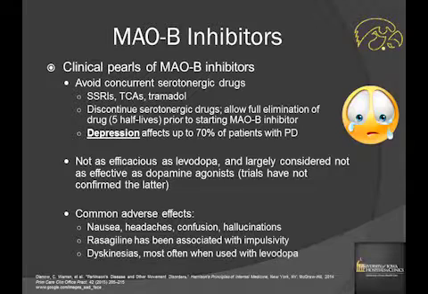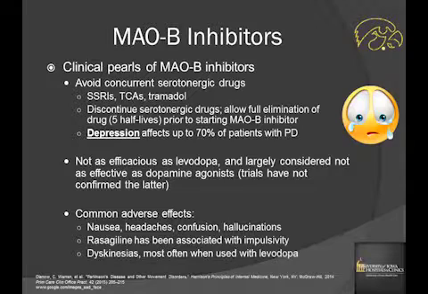Now, this is probably of particular importance because up to 70% of patients who have Parkinson's disease also suffer from depression. So there's a very good chance that your patient who could potentially benefit from one of these MAO-B inhibitors probably also needs one of these serotonergic drugs as well.